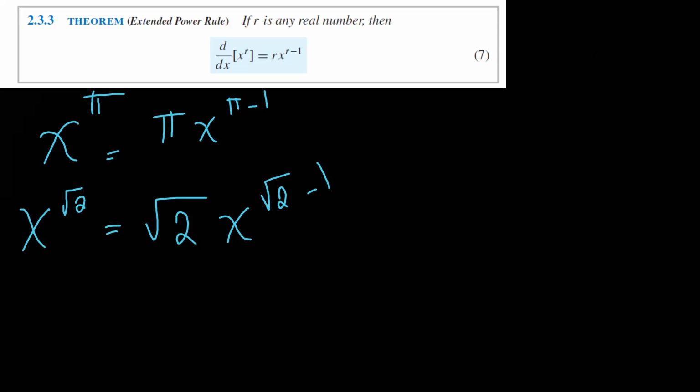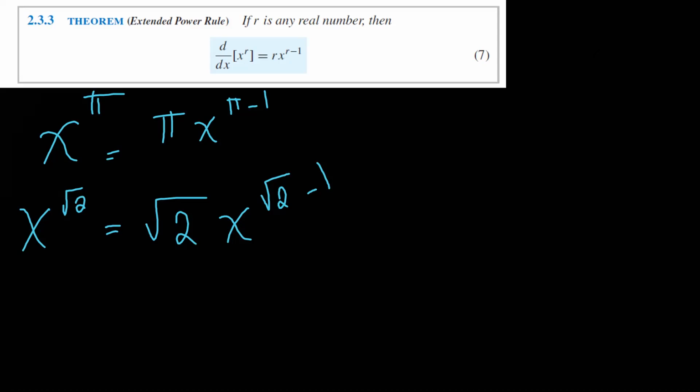This is for the derivative of x raised to a power. If it is real or integer, you'll have the same theorem, the same formula, but you will take care about the numbers.